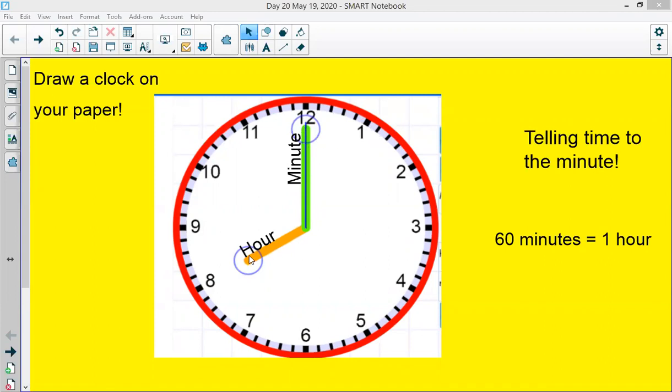The orange hand represents the hour hand. And remember, the hour hand is responsible for telling you what hour it is. It is either going to be 1, 2, 3, 4, 5, 6, 7, 8, 9, 10, 11, or 12 o'clock at some point.